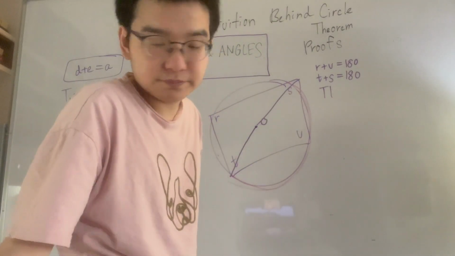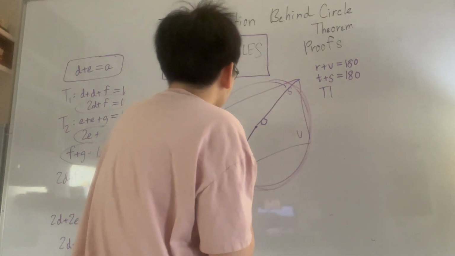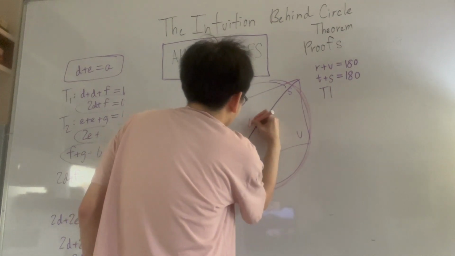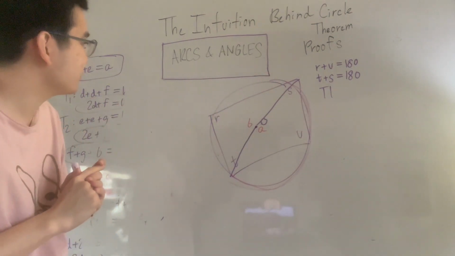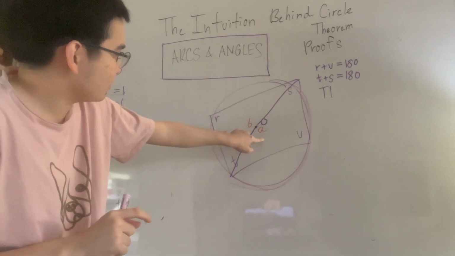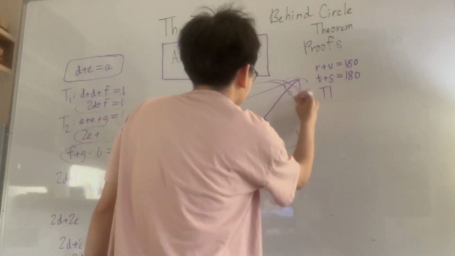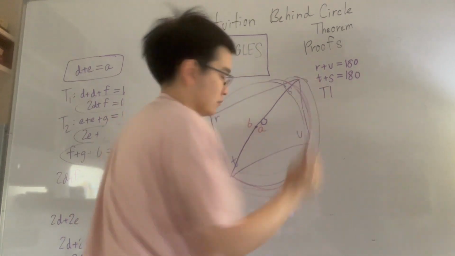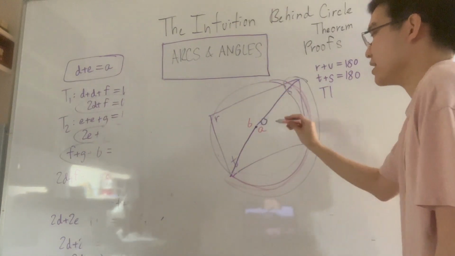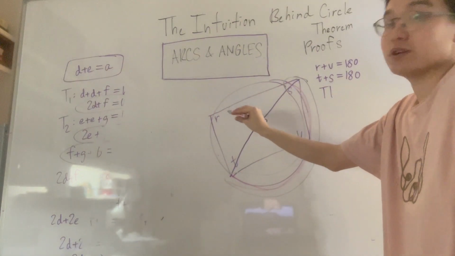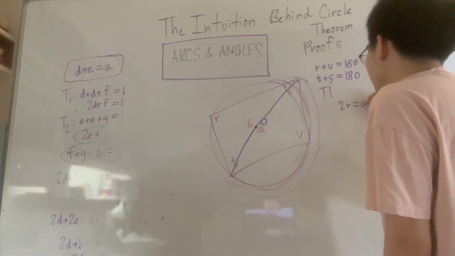And now I can create or write additional angles A and B, and now apply theorem 1 to this. So this angle R and this angle A, both of these share this arc over here, which means that A is double the angle measurement of R. So 2R equals A.